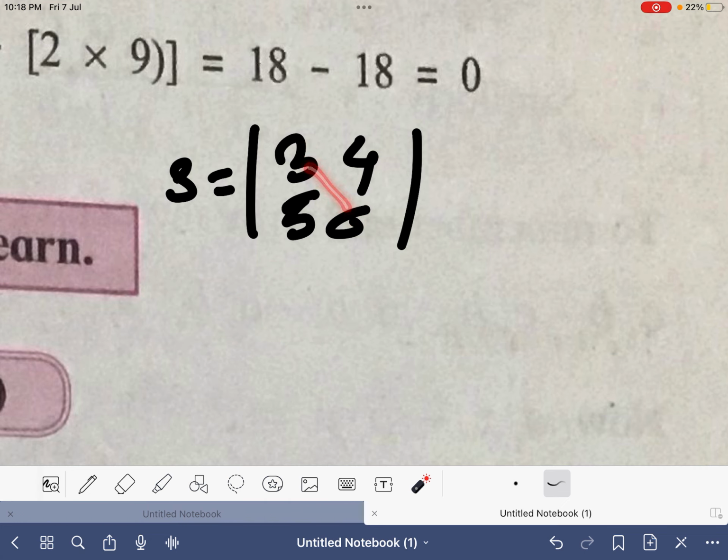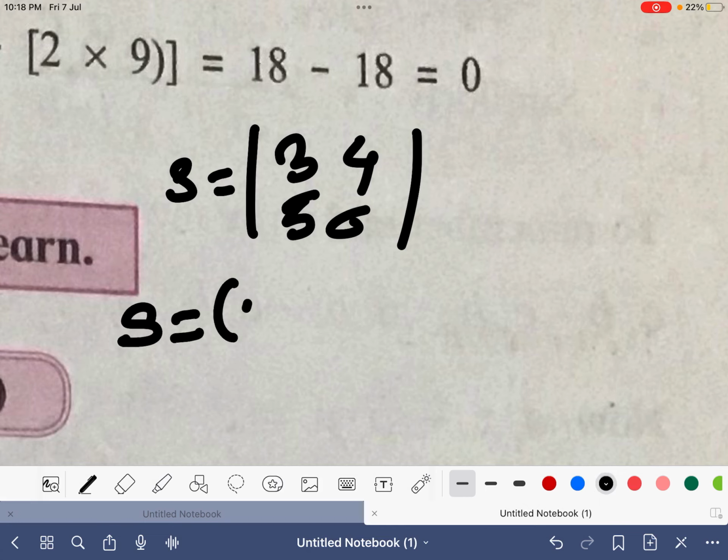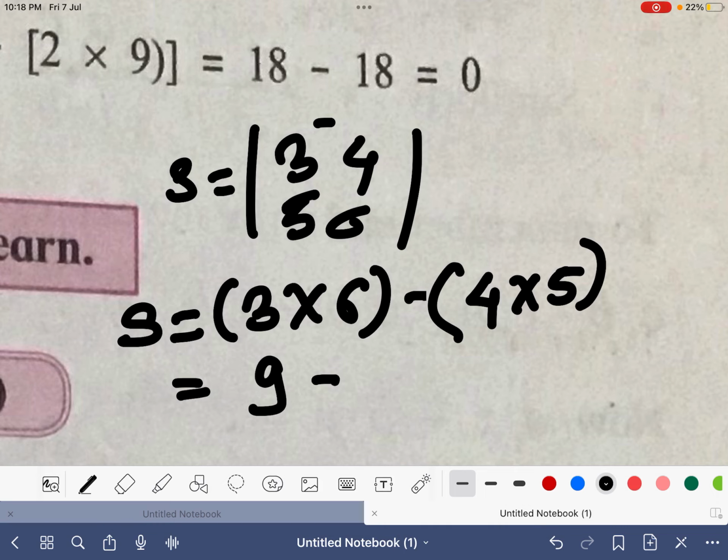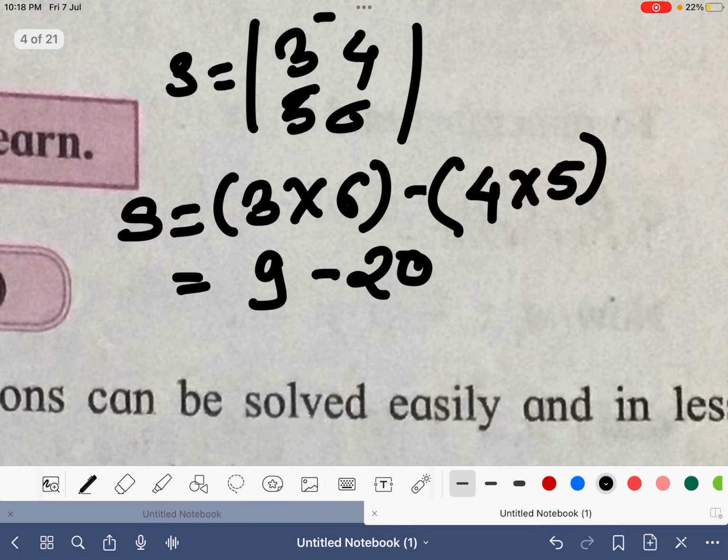So s is equal to 3 multiplied by 6. Now we always put a minus sign between these two operations, into bracket 4 multiplied by 5. Now let's solve this. 3 6s are 18 minus 5 4s are 20. Clear?